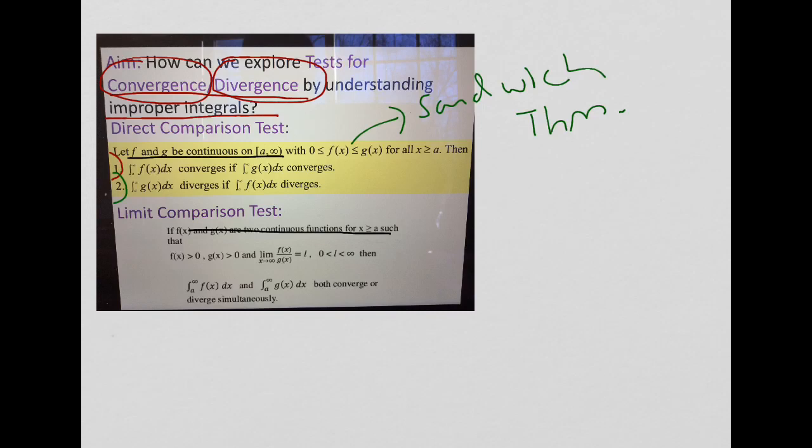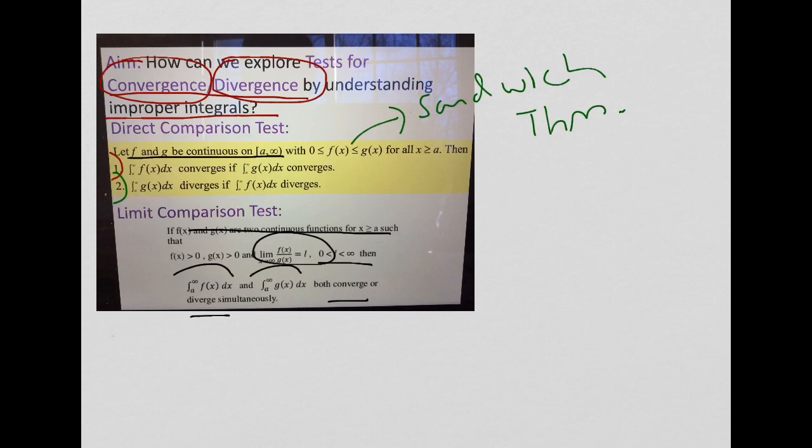So f of x is greater than 0 and g of x is greater than 0, and the limit of f over g as x approaches infinity is found, that's L, and L is between 0 and infinity, then either both of these converge or both of these diverge. So it's either going to work out nicely that you get an answer because they both converge, or neither one of them is going to work out and it diverges. You're not going to get an answer.